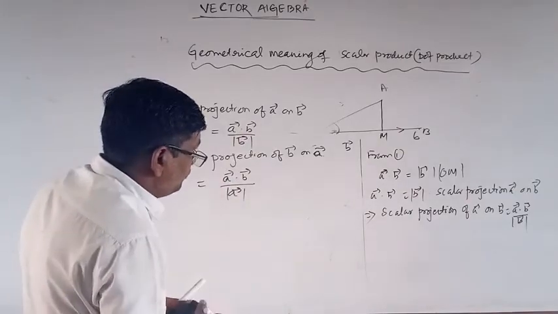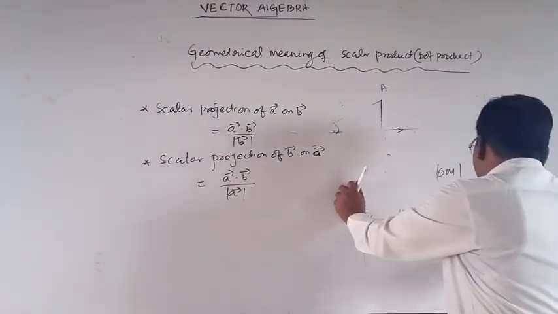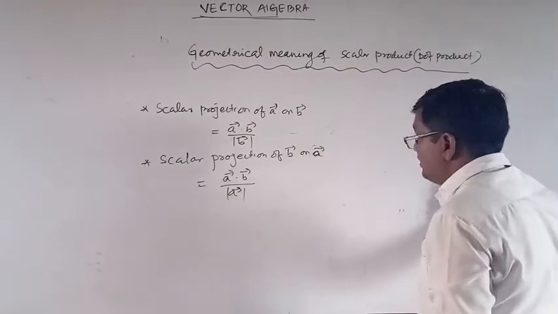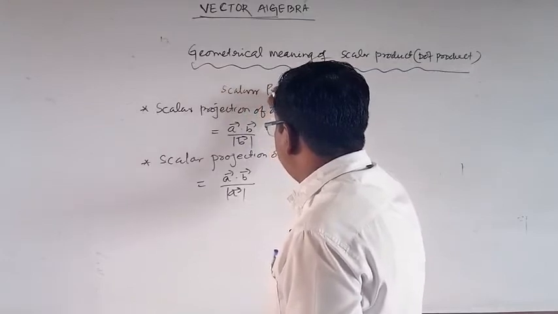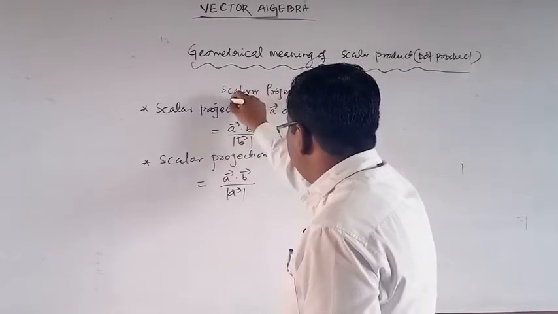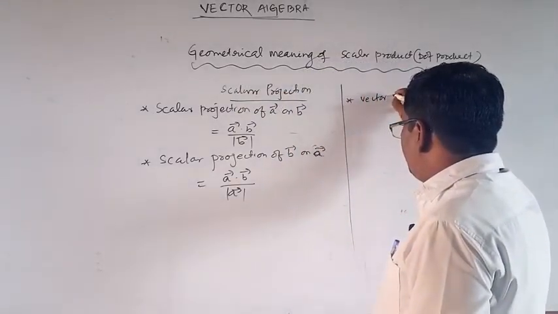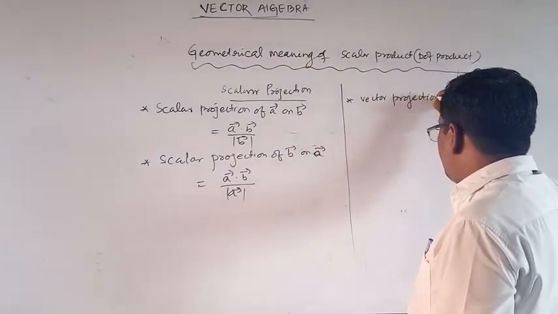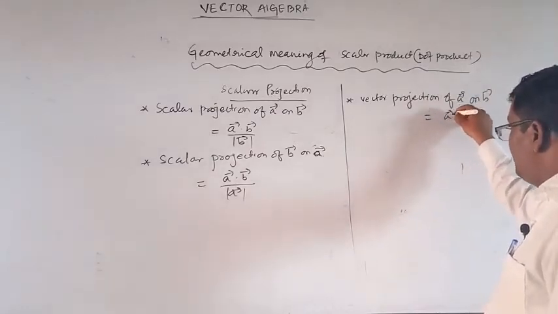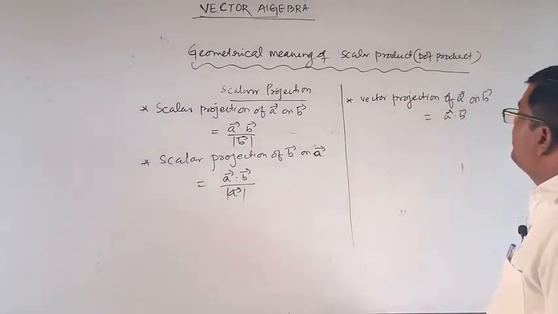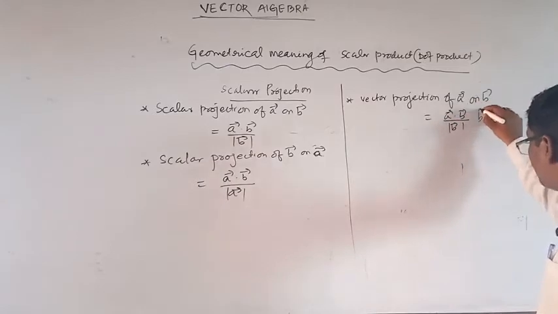Now the vector projection of A on B. This is the scalar projection, and now this is the vector projection. The vector projection of A on B is equal to A dot B divided by magnitude B, which is a scalar, multiplied by the direction, that is B cap.